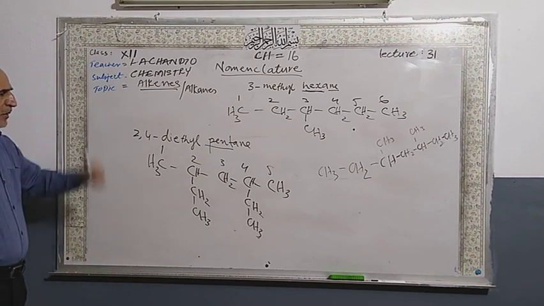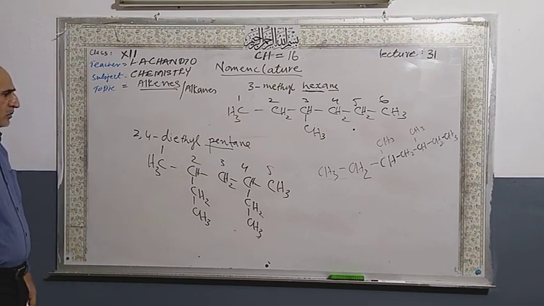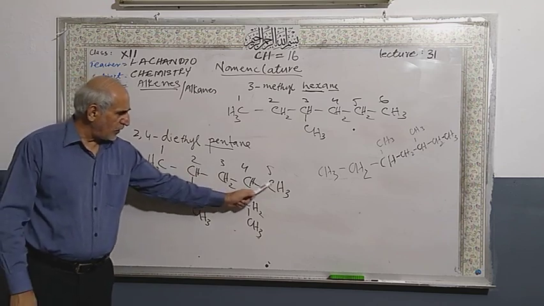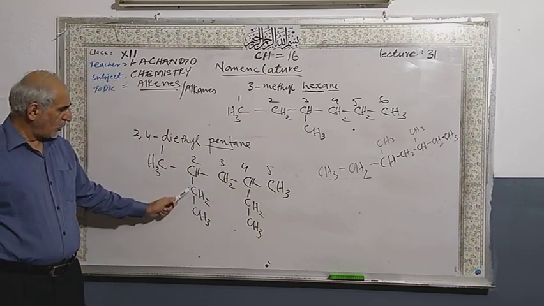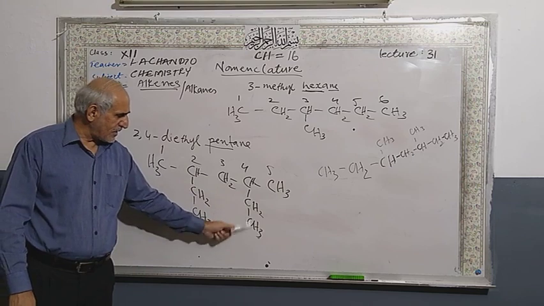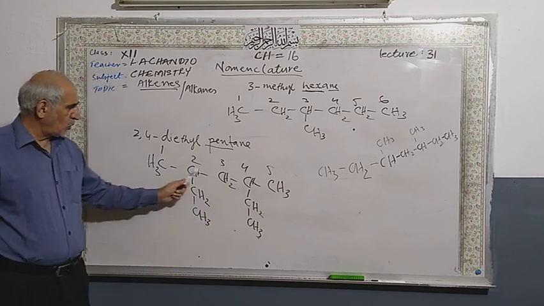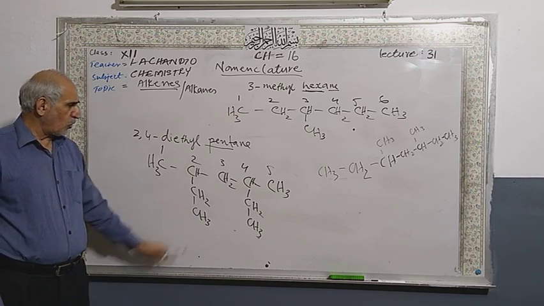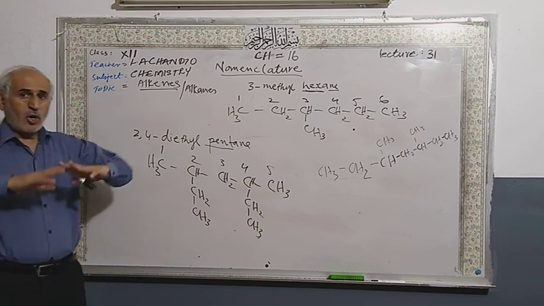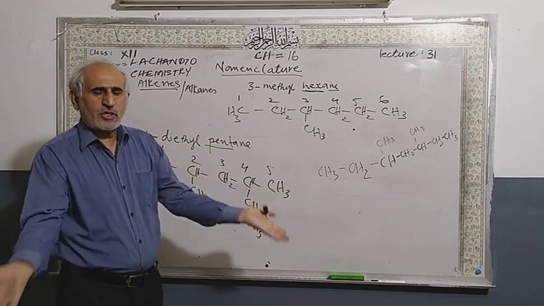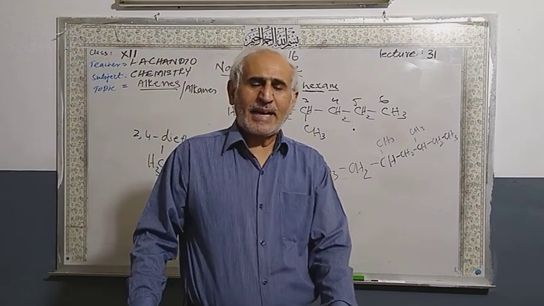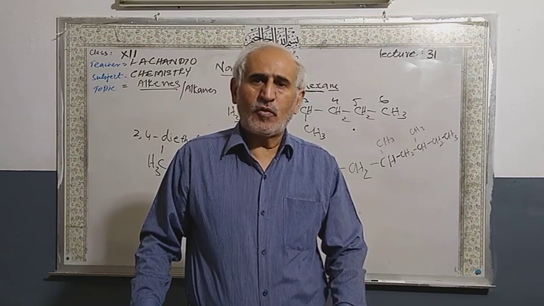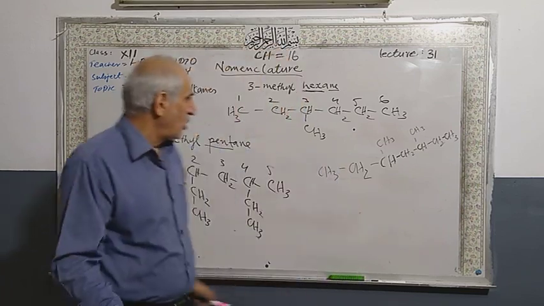Now, the longest will be different. 1, 2, 3, 4, 5, 6. 1, 2, 3, 4, 5, 6, 7. 1, 2, 3, 4, 5, 6. 1, 2, 3, 4, 5. From all directions you have to see to make the possible longest chain of carbon atoms.